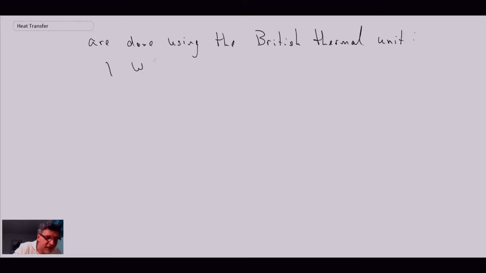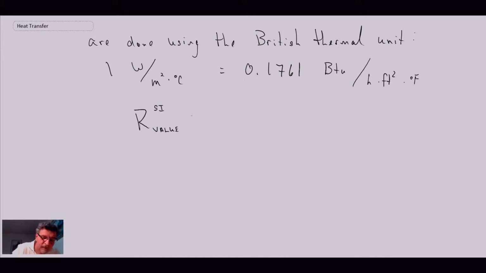And the conversion is that. So if we want to compute an R value in SI, we would have to multiply by 1 over 0.1761, which is 5.679, and that would equal the R value. In non-technical lingo, I'm going to call it the R value from a hardware store.